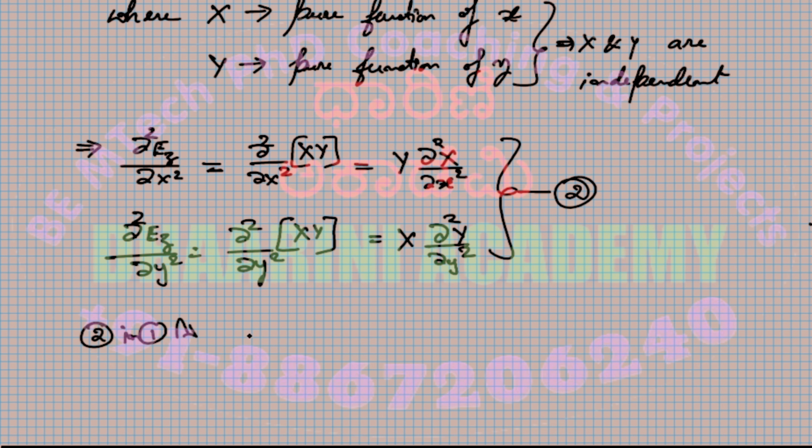So that means I had ∂²Z/∂x². That can be written as Y times ∂²X/∂x², plus the second term was X times ∂²Z/∂y², which I'm going to replace as X times ∂²Y/∂y², plus h² Z, which is capital XY, equal to 0, right?